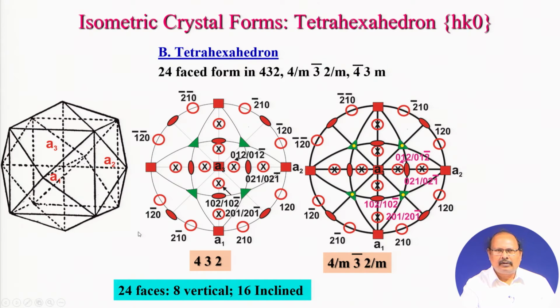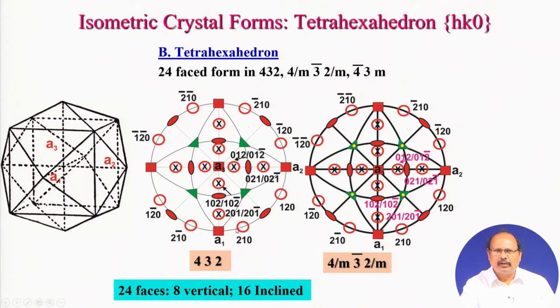Now, let us see this particular one here. Although this diagram seems slightly more complicated, let me explain and you will be able to understand how all these motifs, or the positions of different crystal faces, can be formed here.